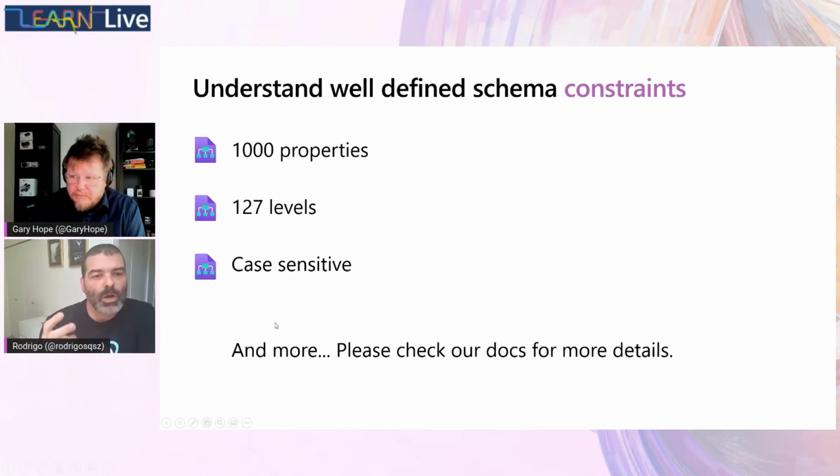So today, as an example, we support 1,000 properties, 127 nested levels of data, and we are case sensitive. And more, we have restrictions or rules about data types and things like that. So our suggestion is to check our documentation, because I've been documenting every single detail of this transformation there.